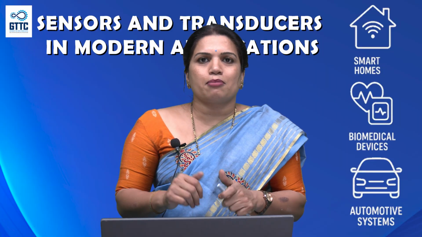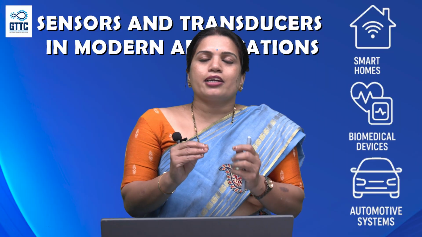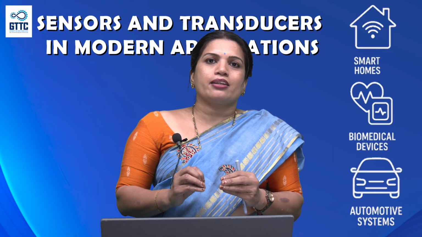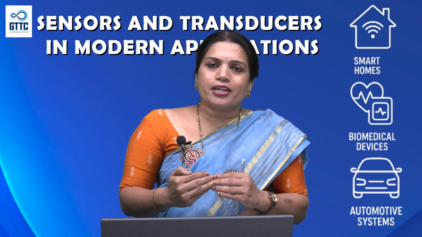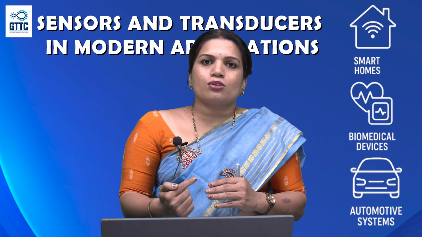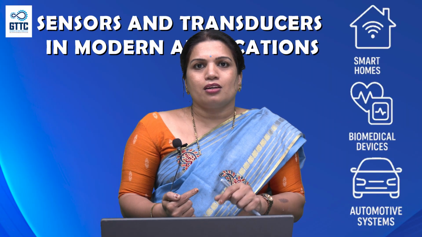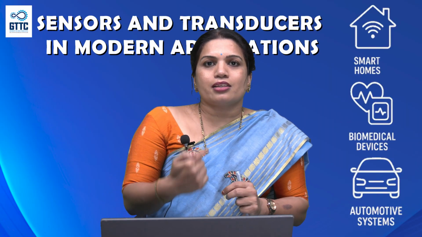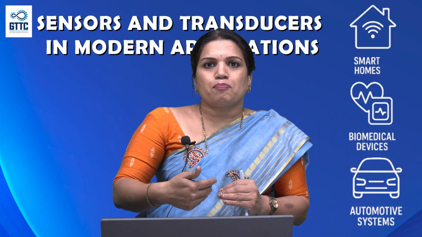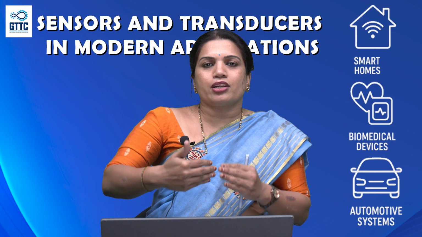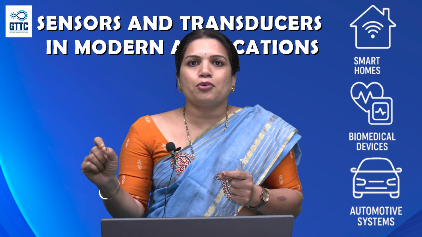Let me take one example for sensors, actuators and transducers. Let me take an automatic water sprinkler attached in our garden. The automatic water sprinkler works on the basis of the soil moisture of the plants. The sensor detects the moisture of the plants, and whenever the moisture level goes below the threshold, it gives a signal to the processor.